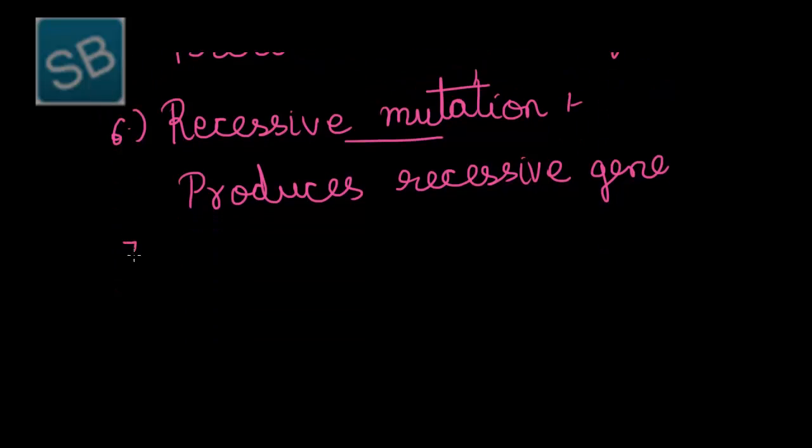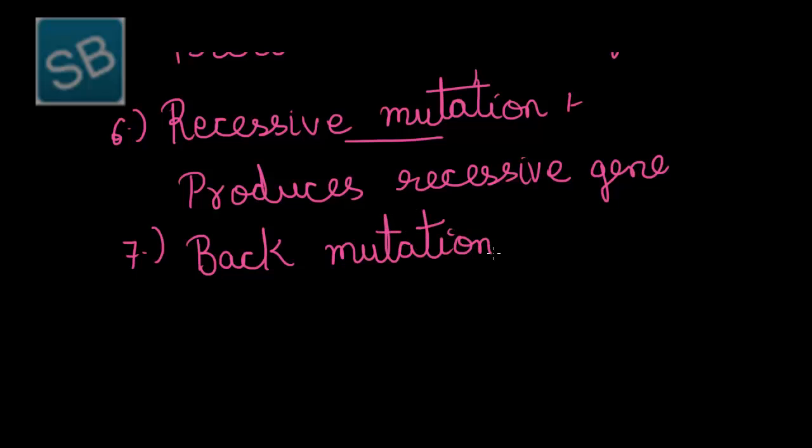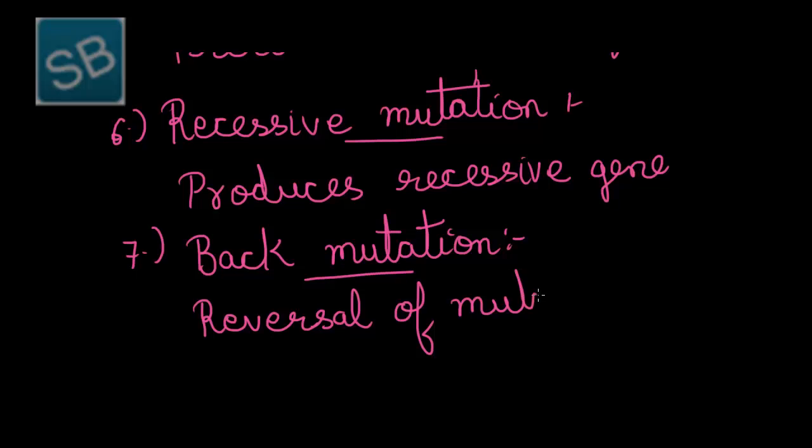Then comes the seventh type, back mutation. This type of mutation is considered the reversal of mutation, that is the reversal of the phenomenon due to which genetic variation occurs, which happens in very rare situations. That is, it rarely occurs.